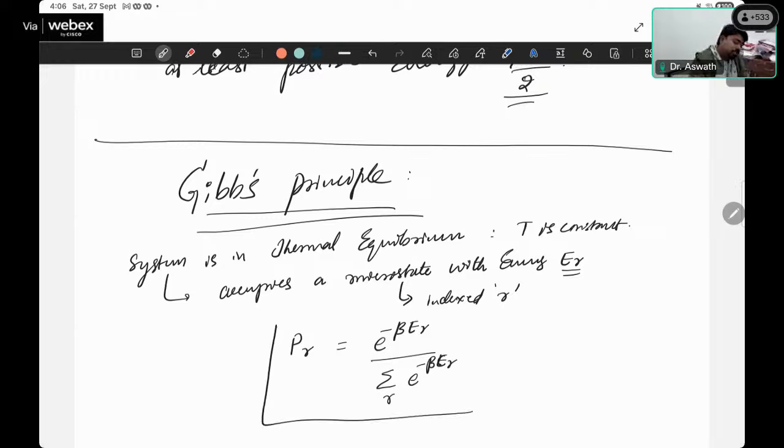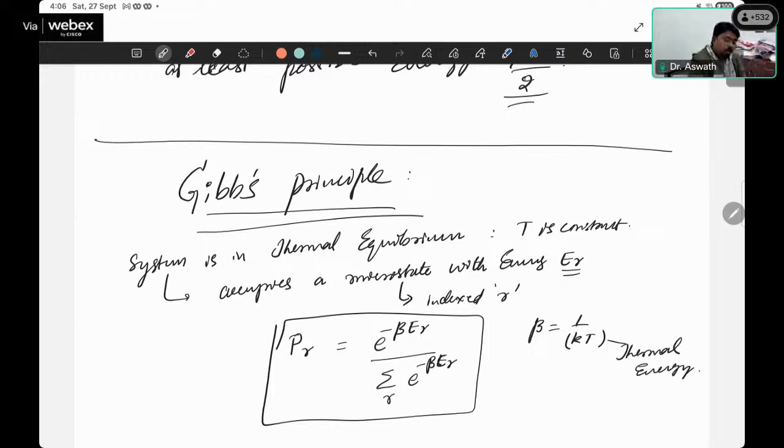So this is the probability distribution given by the Gibbs principle. We are already using it; only thing is now we have a name for it. As you know, beta is just 1 over kT, where k is the Boltzmann constant. So in fact kT is thermal energy.